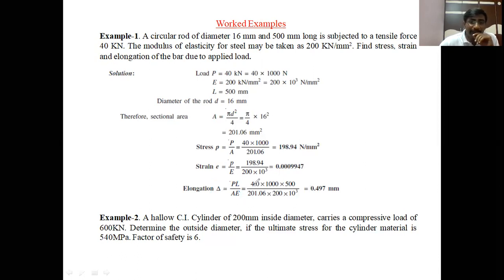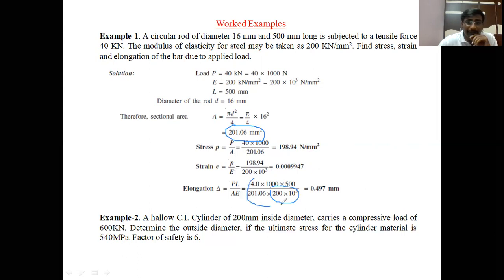By substituting all the parameters, that is P is 40 into 1000, into 500, the length of the member, then the area is 201.06 mm square, which we calculated, and Young's modulus is 200 into 10 cube.